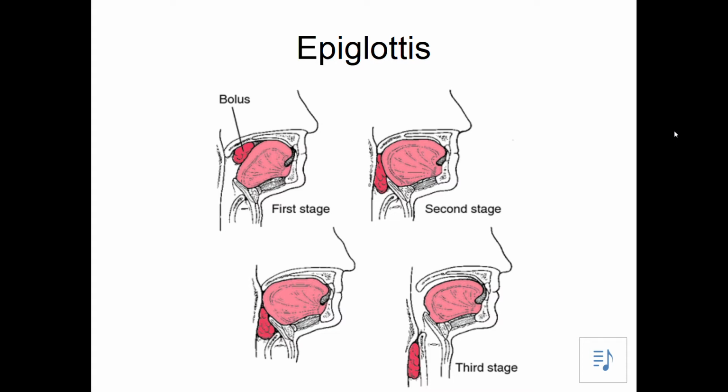When the epiglottis goes down, that opens the passageway for food, and it closes the trachea so that whatever food you're swallowing or liquid you're swallowing doesn't go down the trachea. The tongue also partially blocks this passageway and pushes that food down.